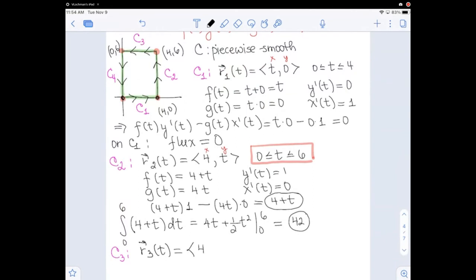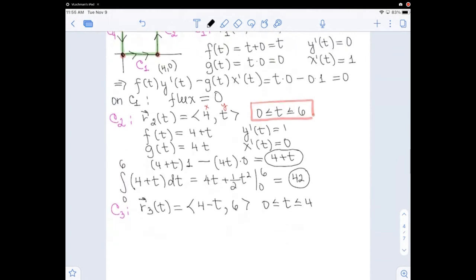So we're going to go with 4 minus t, 6, and now t goes from 0 to 4. You can plug in what happens at t equal to 0: we're at that vertex 4, 6. And at t equal to 4, we're at our final destination, the point 0, 6. So that's our parameterization.